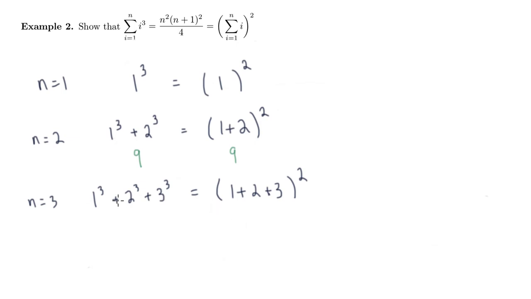There's really no reason why cubing these numbers and adding them together is the same thing as adding them together and then squaring them. Those are very different procedures. But look, 1 cubed is 1, 2 cubed is 8, 3 cubed is 27, 1 plus 8 plus 27 is 36. Look at this, 1 plus 2 plus 3 is 6, 6 squared is 36.